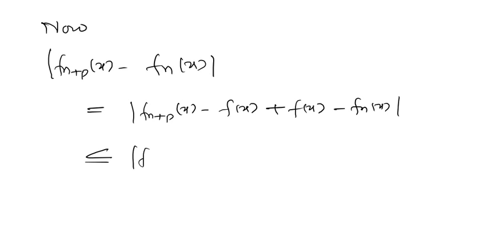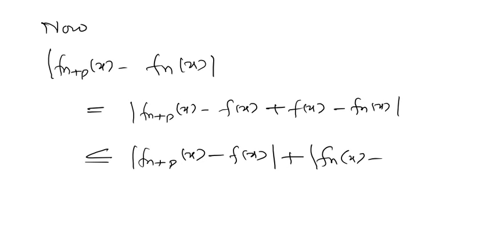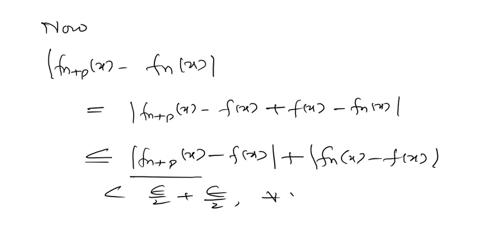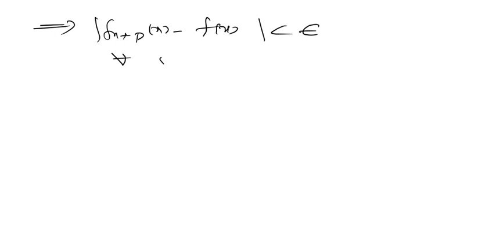This is less or equal to |f_{n+p}(x) - f(x)| plus |f_n(x) - f(x)|, and both are less than epsilon by 2 for all n greater or equal to N. So this is less than epsilon by 2 plus epsilon by 2, therefore this difference is less than epsilon for all n greater or equal to N, and x belongs to the interval ab.